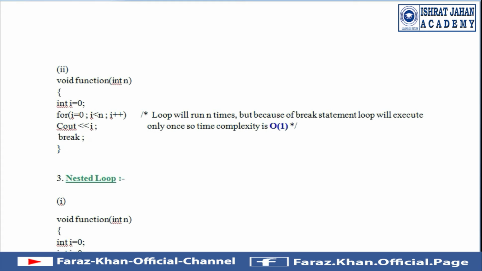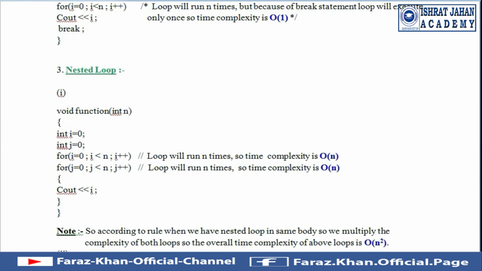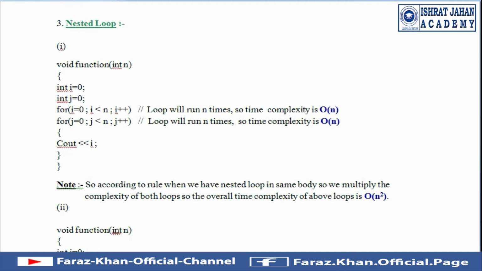Let's move on to nested loop. Here you can see a nested loop. Nested loop means whenever we have a loop inside another loop, we call it a nested loop, right? So here you can see that we have two loops.